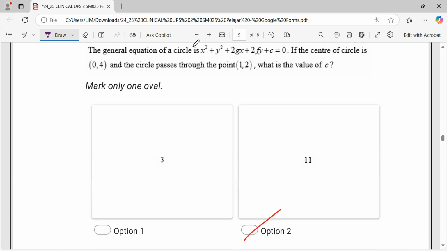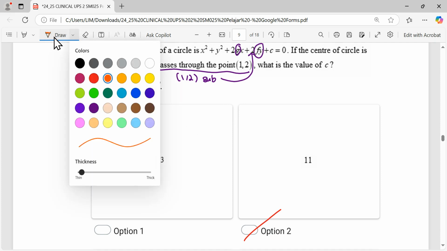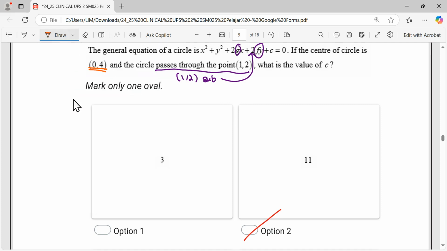And then in the general equation of the circle, if the center is (0, 4) and the circle passes through (1, 2), what is the value of c? When it passes through the point, it means this point can be substituted, or fulfilled, back into the equation. So in the equation here, we need to identify your g and your f, from where we can get our center.